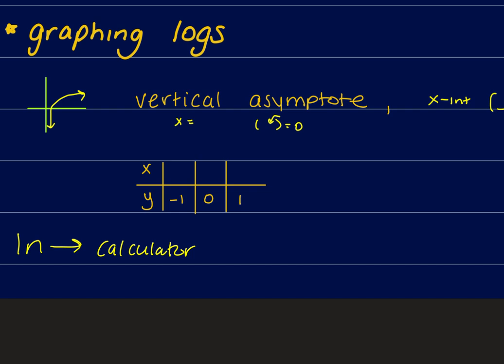So if it said f of x equals, I don't know, log base 6 of x minus 7, without doing any work, you should be able to identify your vertical asymptote. Where would it be? x equals 7. You should be able to find your intercept because I could convert this.